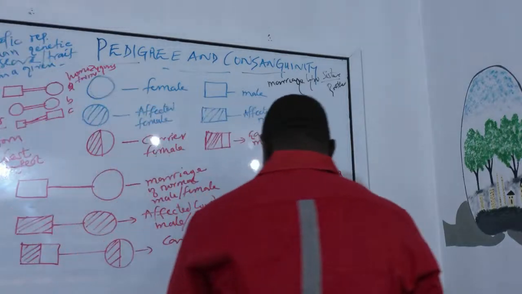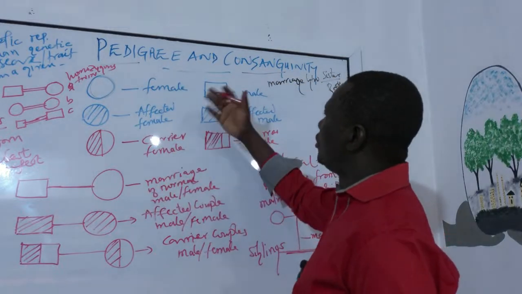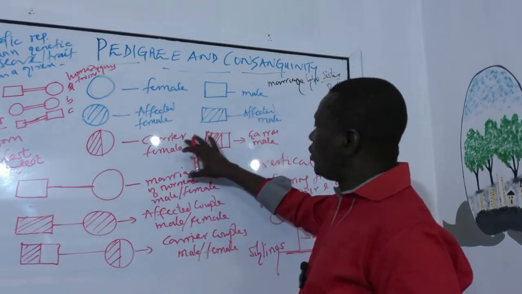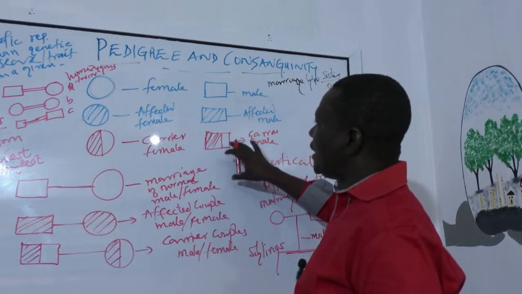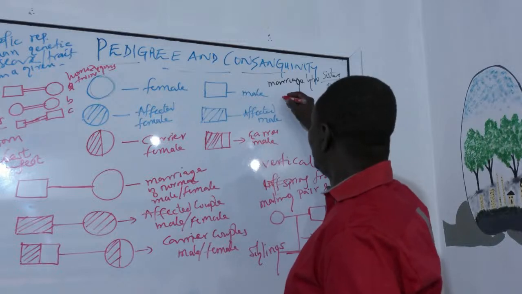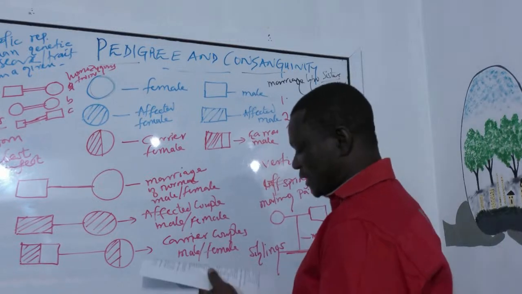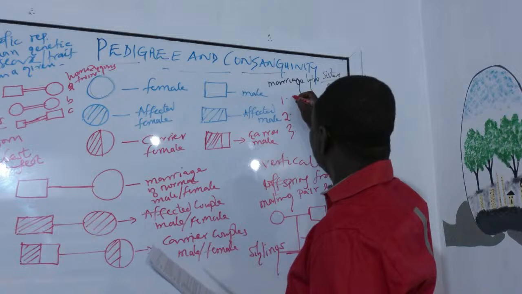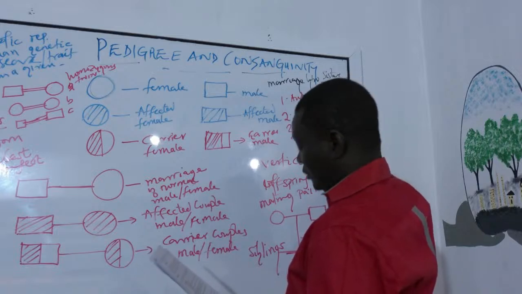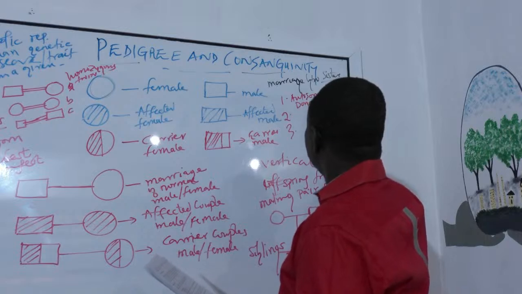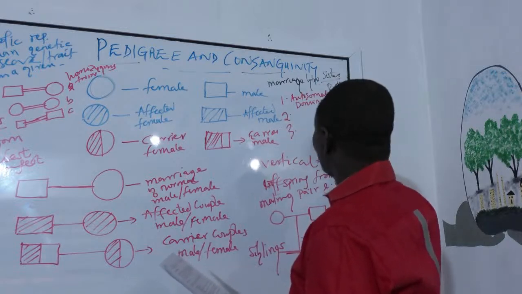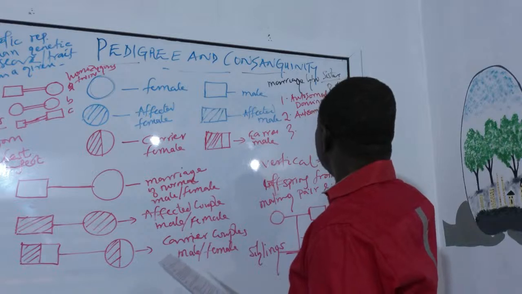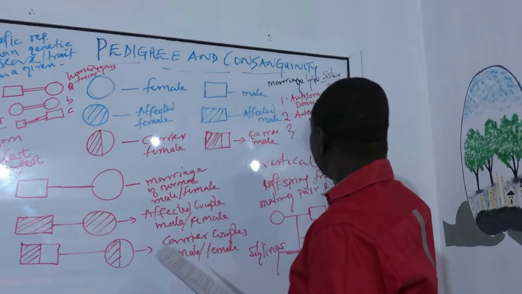Just like I said, today we are only going to be conversant with the symbolic representation, that is, the symbols that you can use in pedigree. The next time we come, we look at basic examples of pedigree. The first one is autosomal dominant inheritance. Then autosomal recessive inheritance.